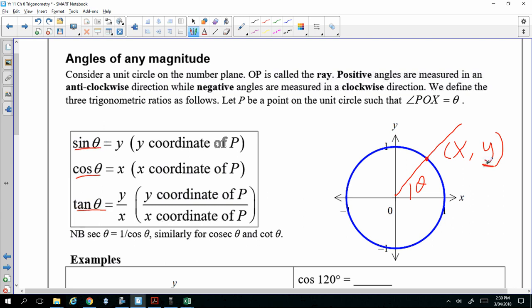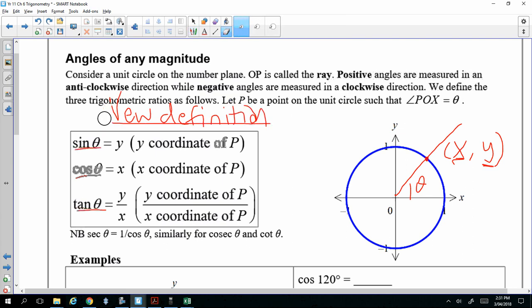And how is that related to our old definition? Let's look at the diagram more carefully. When you draw a ray like this, you get a right angle triangle.